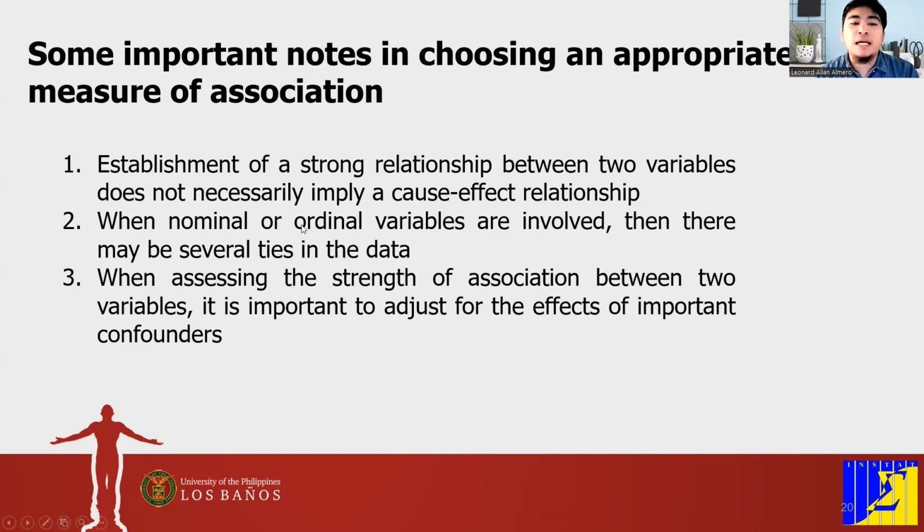Number 2, when nominal or ordinal variables are involved, always observe na it is possible na magkaroon kayo lagi ng ties. Okay? Now, merong special measures of association kapag may mga ties po. Itong pinag-usapan po natin is just in general.